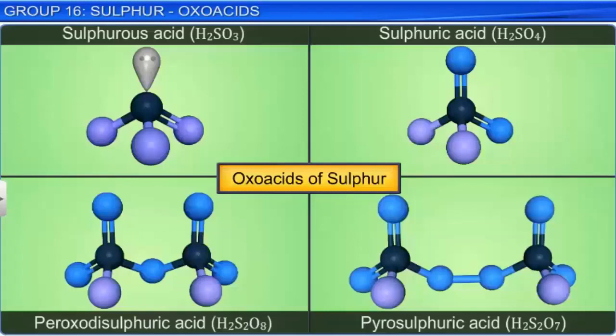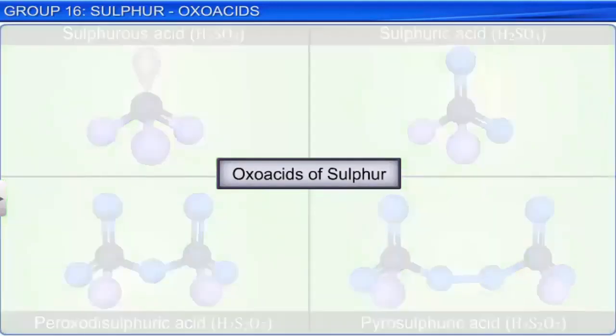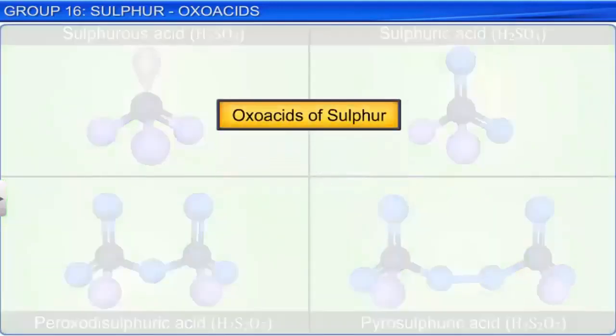Sulfur forms a large number of oxo acids. Many of these do not exist as free acids, but are known as anions and salts. Oxo acids of sulfur, depending on their structural similarities, are divided into 4 series.